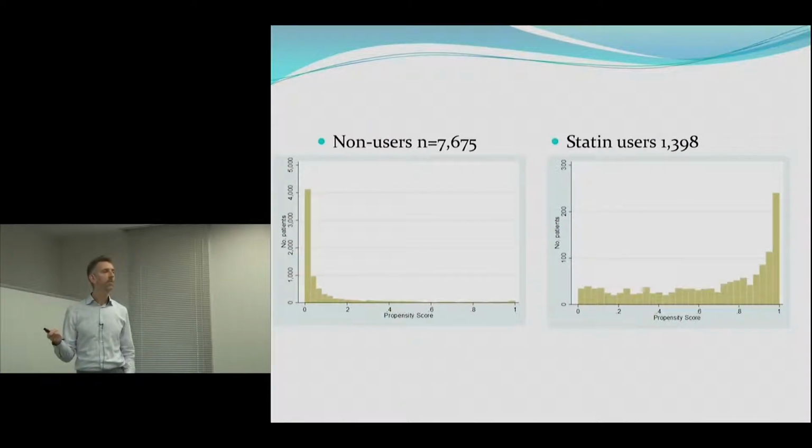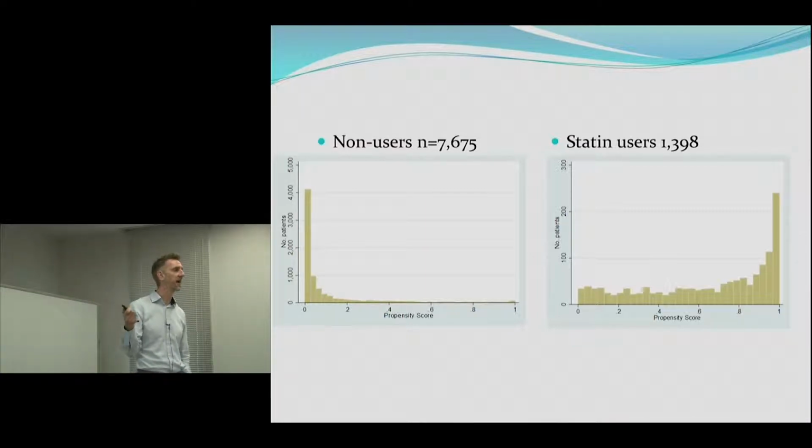So here's the distribution of propensity scores amongst that population. It isn't nice like in the Till-Sturmer cartoon example. What we've got is, amongst the non-users, a big group with a very low score. That intuitively makes sense. And it may not be so visible to you, but we do have a few people with very high scores, but very, very few of them.